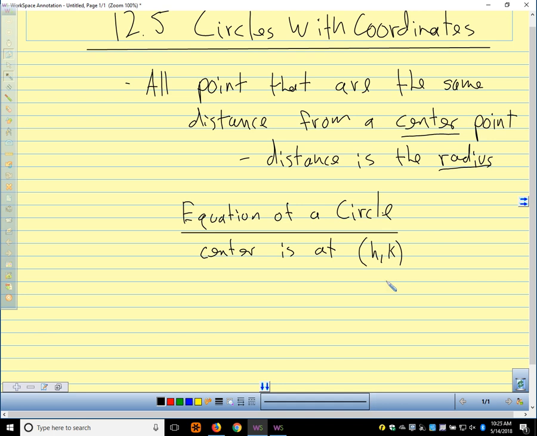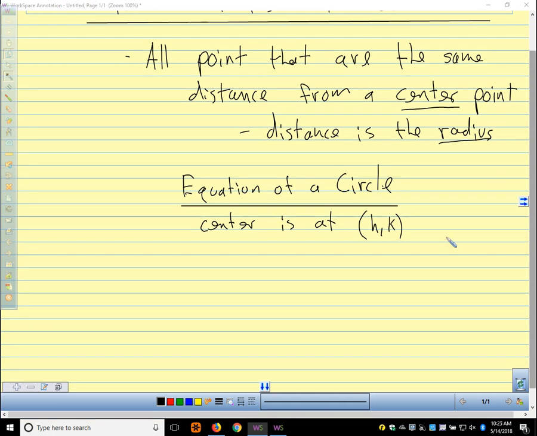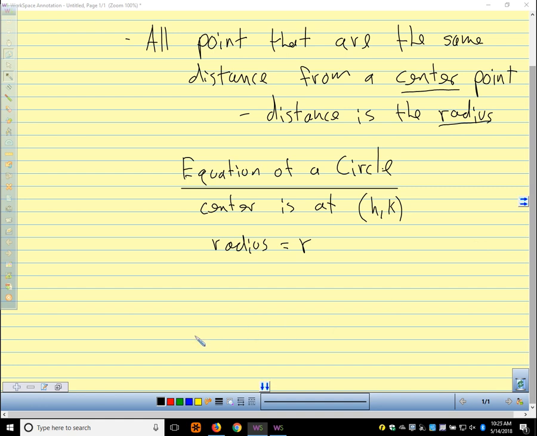That's just the choice mathematicians made for some reason. And the radius equals r. Our equation is x minus h squared plus y minus k squared equals r squared.